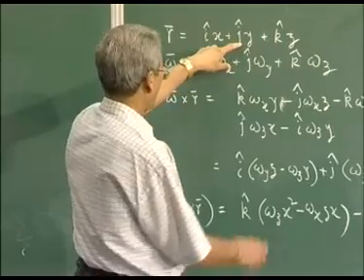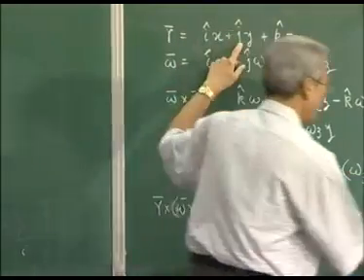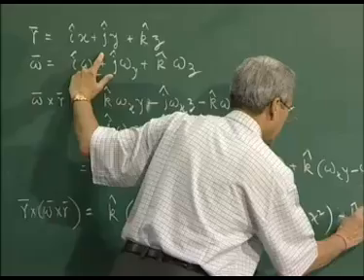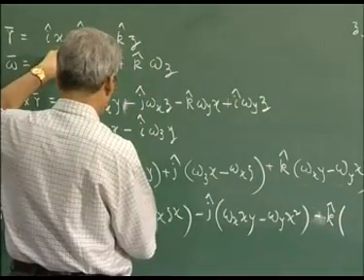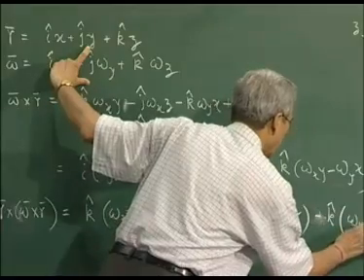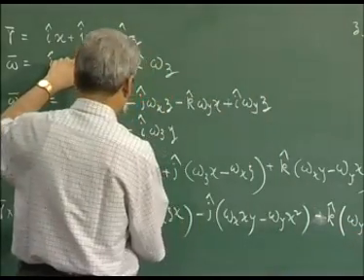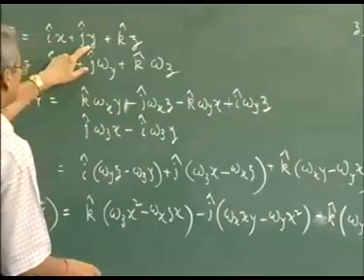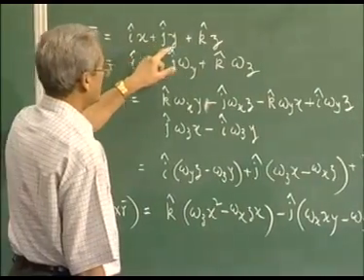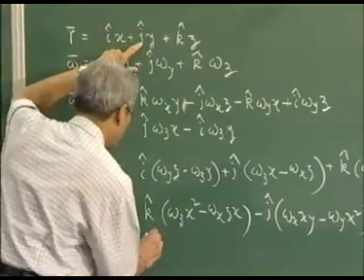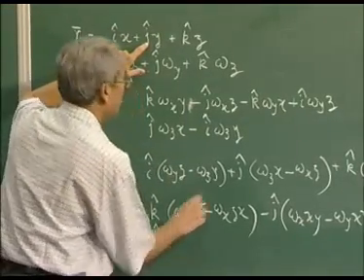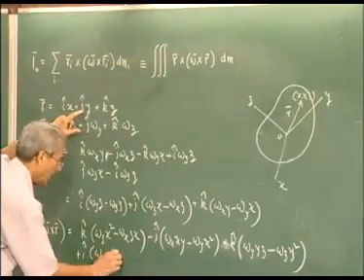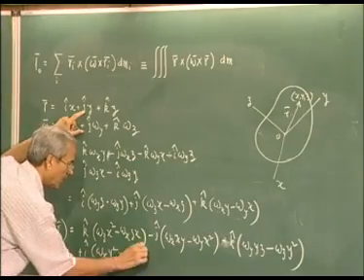Next, let us take j cross this. So, this will be plus j cross i is minus k into this into y, that is omega y y z minus omega z y squared, plus j cross k, that is plus i into omega x y squared minus omega y x y.